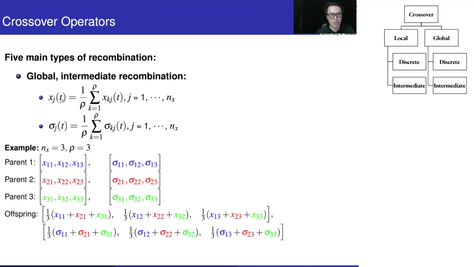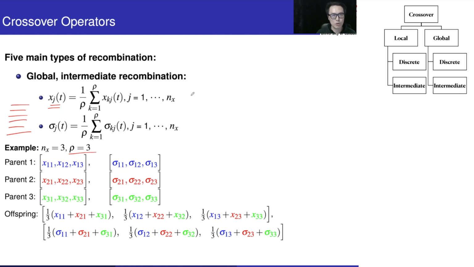Take a look at this example. Rho is 3. That means we are going to randomly pick 3 individuals from the population as the parents to generate one offspring. Blue, red, green for parent 1, parent 2, parent 3.